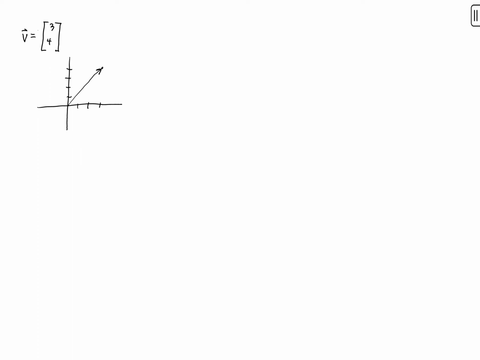And if I look at the norm of V, this is equal to the square root of V dot V, which is equal to the square root of 3 squared plus 4 squared, which is equal to the square root of 9 plus 16, which is the square root of 25, which is equal to 5. So, what does that 5 represent?